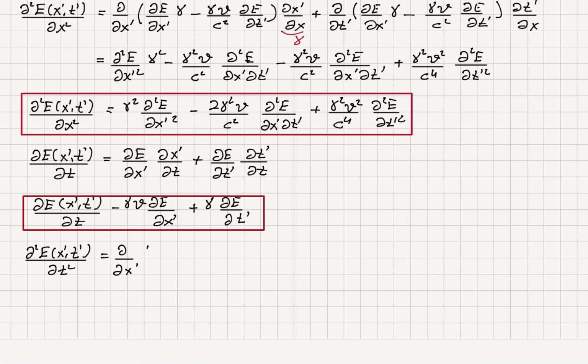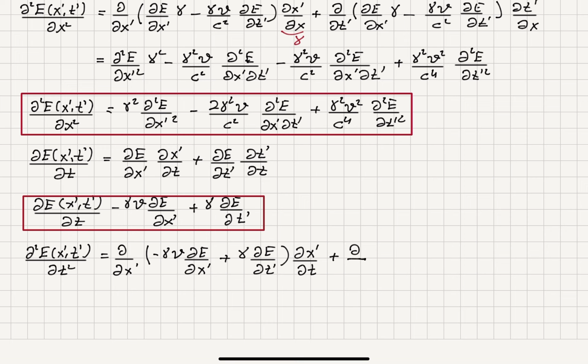So for ∂E/∂t, I have minus γv ∂E/∂x' plus γ ∂E/∂t', multiplied with ∂x'/∂t, and then the second term I have the derivative with respect to t' first of ∂E/∂t, which is minus γv ∂E/∂x' plus γ ∂E/∂t', multiplied with ∂t'/∂t.